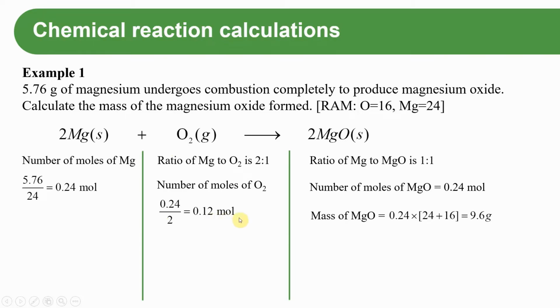And from the mole, we can find the mass as well as the volume. So the mass, we multiply by 32, is 3.84. And if we multiply by molar volume at room temperature and pressure, it is 2.88 dm cubed. So this is an example of how we calculate for a chemical reaction by comparing the mole.